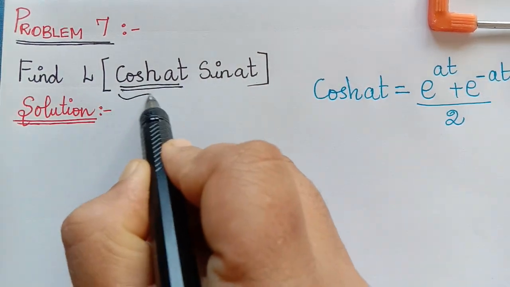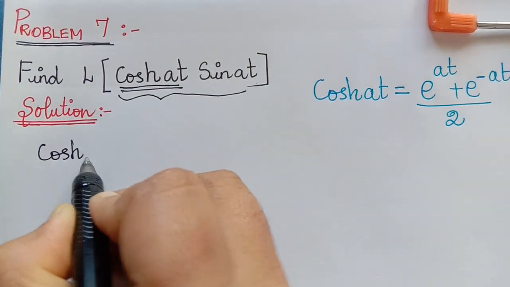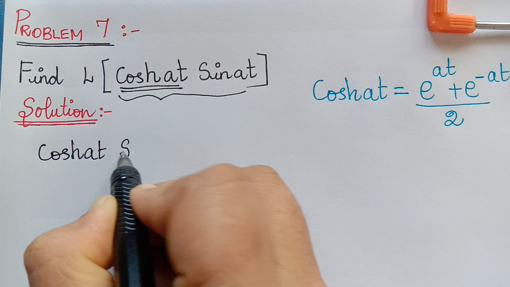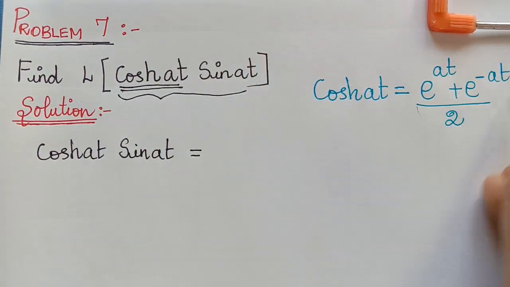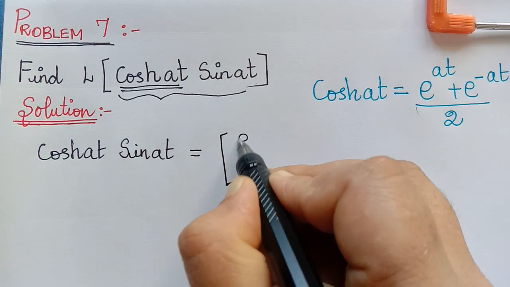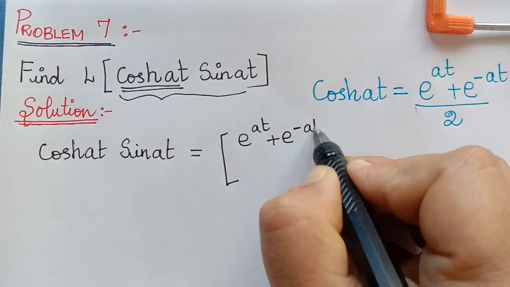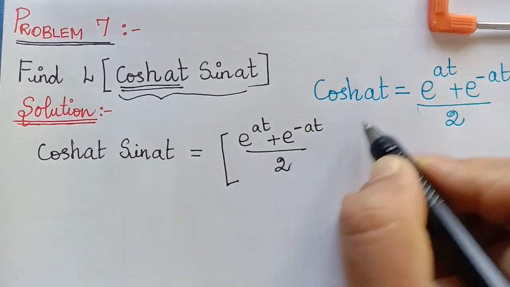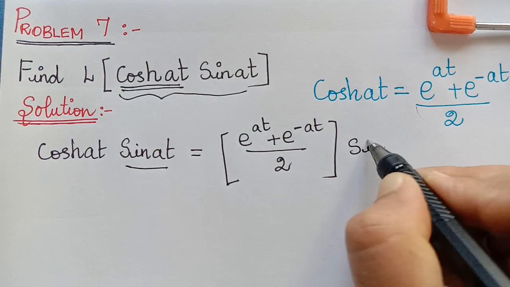So first let me write these two terms alone, so that cosh at multiplied with sin at can be written as, now let me substitute this. So it will be e to the power at plus e to the power negative at divided by 2, and this has to be multiplied with sin at.